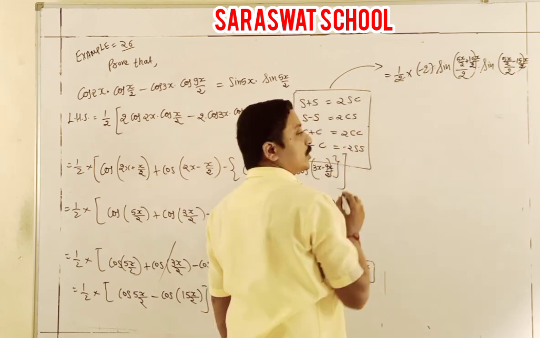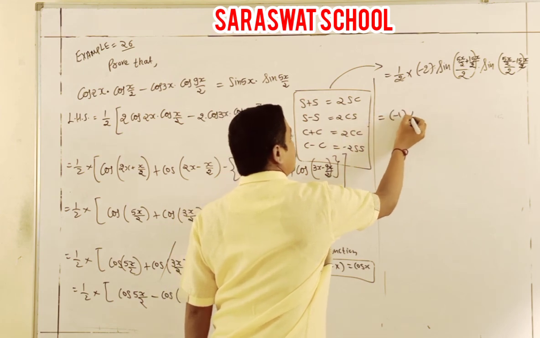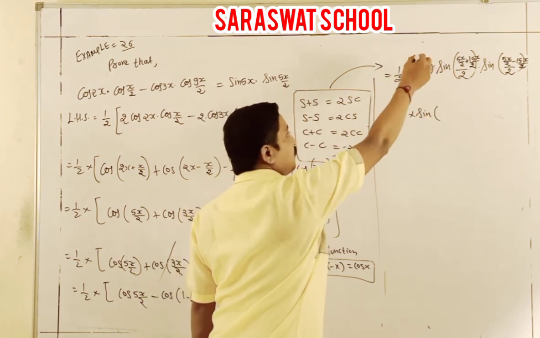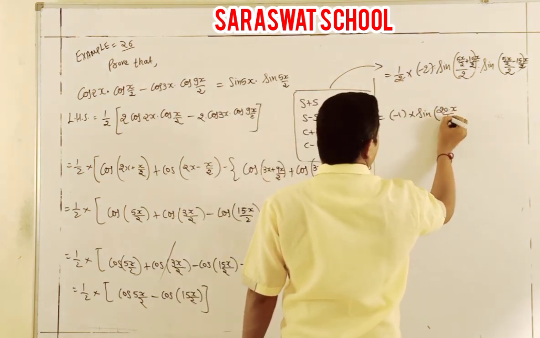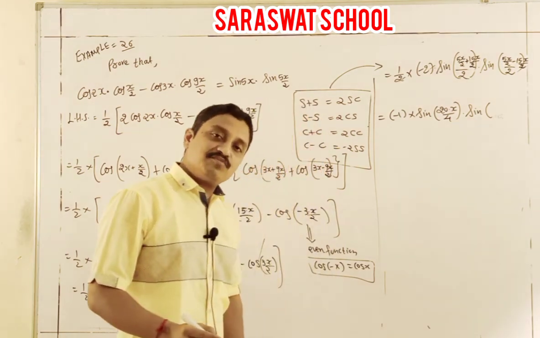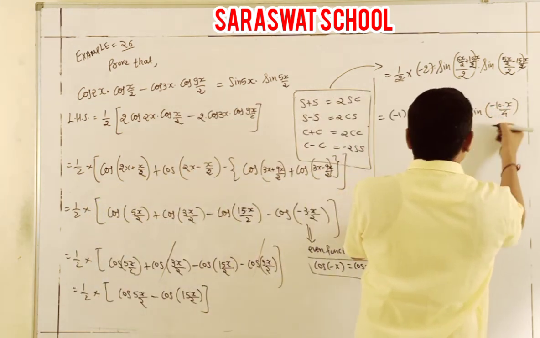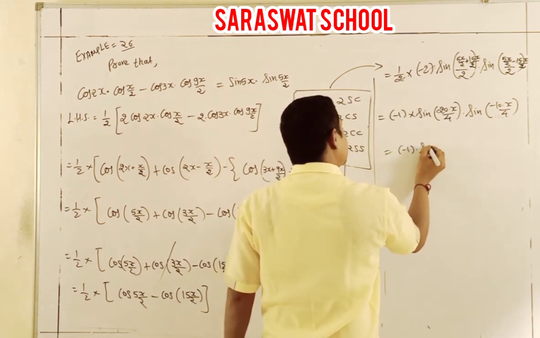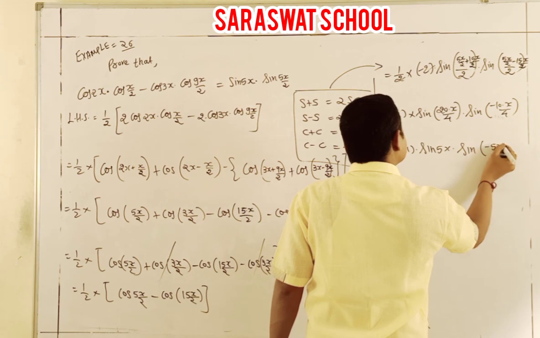So these two and these two cancel, only I have minus 1 sine 15 and 5, 20 by 2 2s are 4, same 5 minus 15, minus 10 by 4. Now you get only sine 5x, and here minus 5x by 2.